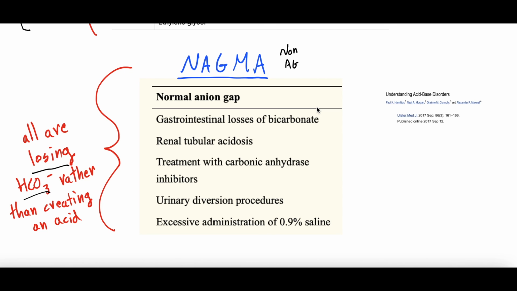Renal tubular acidosis, this is where you just don't absorb bicarb. Treatment with a carbonic anhydrase inhibitor, which excretes bicarb. Excessive administration of normal saline, this one actually just increases your chloride because normal saline is NaCl.